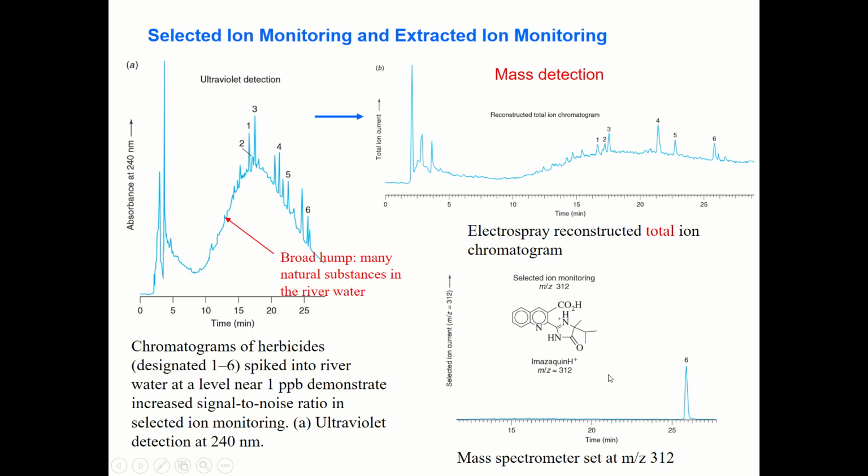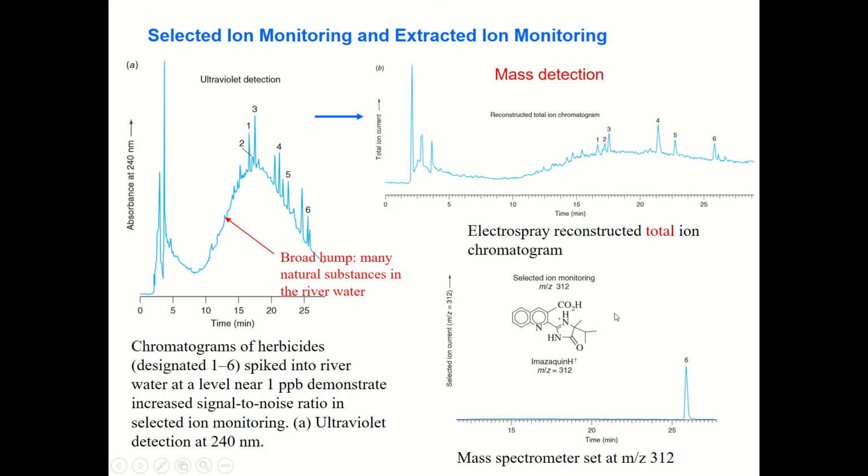But you suspect the sample contains this very complicated molecule called imazaquine, and you want to monitor it. Since you know the structure and the molecular weight, and assuming this molecule contains a proton, the mass to charge ratio is 312.